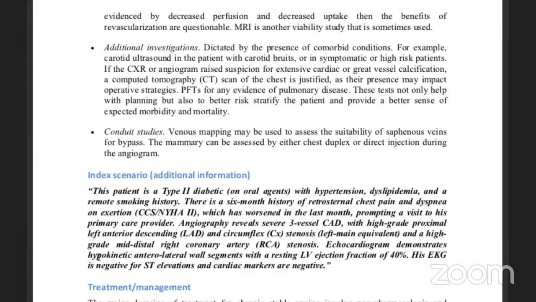What is your definition of maximum medical therapy? What are the medications the patient should be on? A patient with stable coronary artery disease needs to be on statin therapy. He needs to be on a beta blocker, and on aspirin. He needs to be also on an ACE inhibitor, especially if he's hypertensive and diabetic and with reduced ejection fraction.